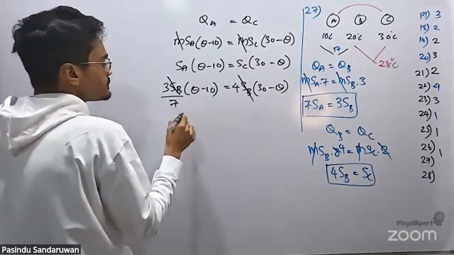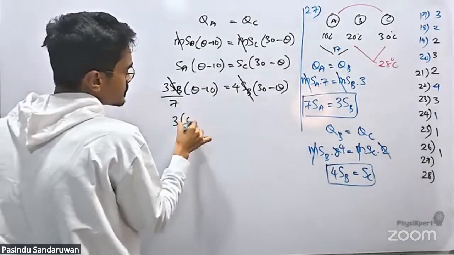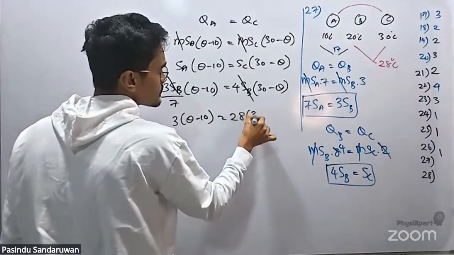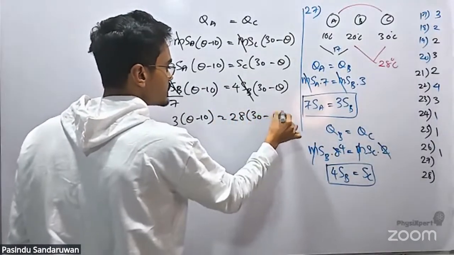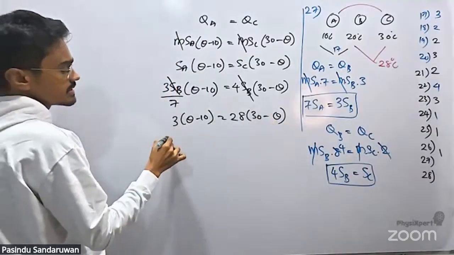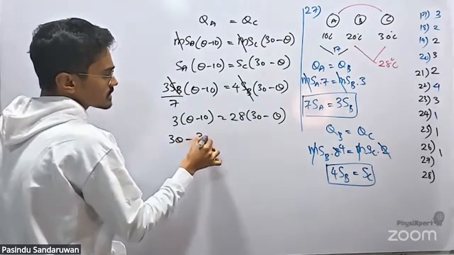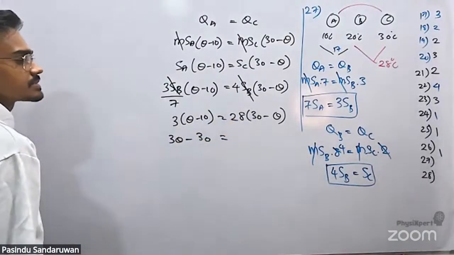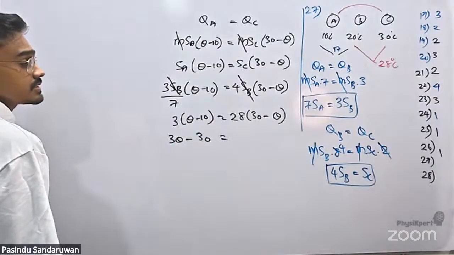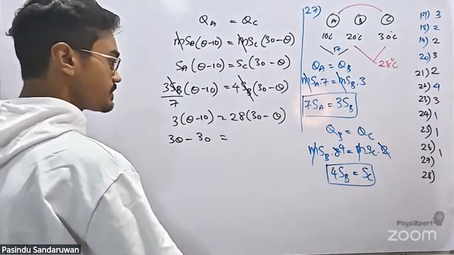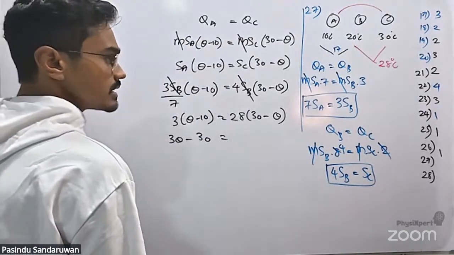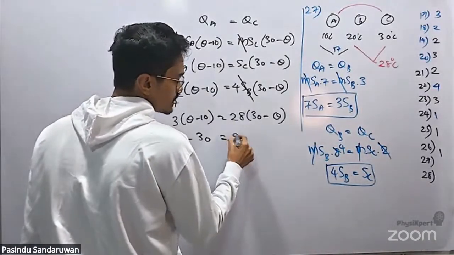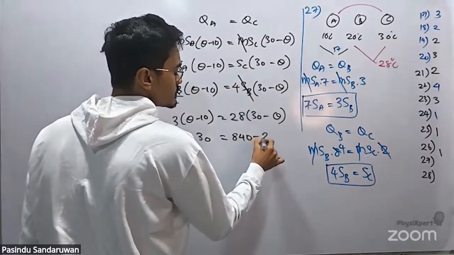Cross multiply. Then here 3 times theta minus 10, and here 28 times 30 minus theta. This is 3 theta minus 30 equals, what comes here? 28 times 30. 30 times 30 is 900, then 840. 840 minus 28 theta.